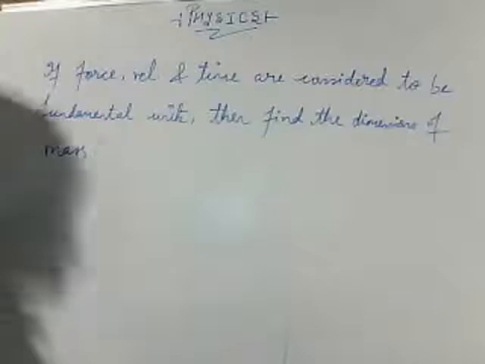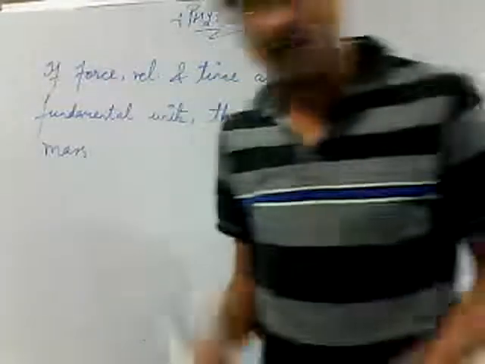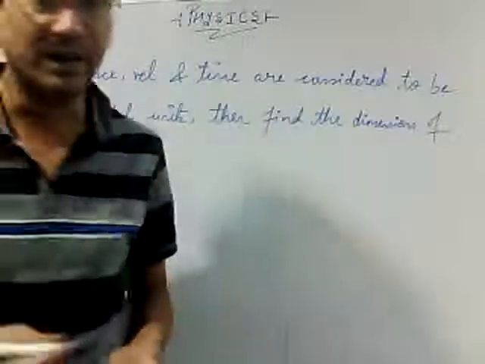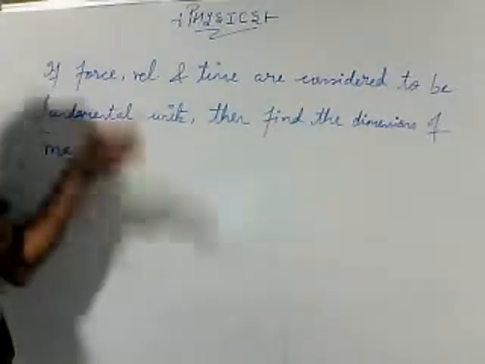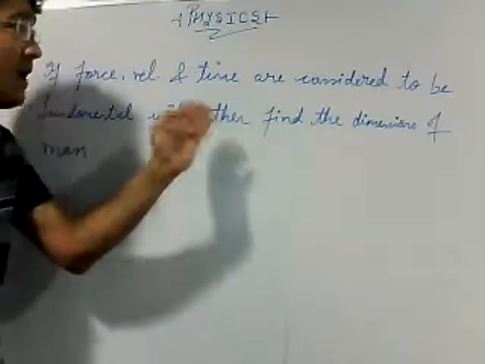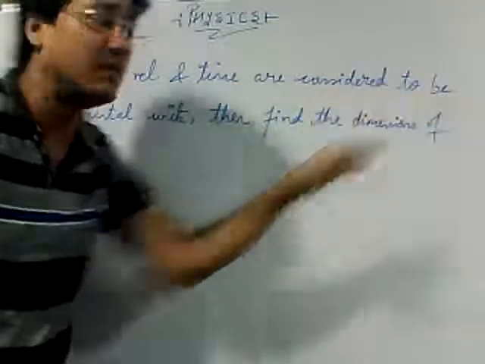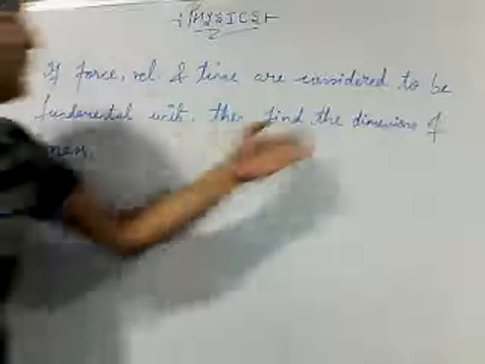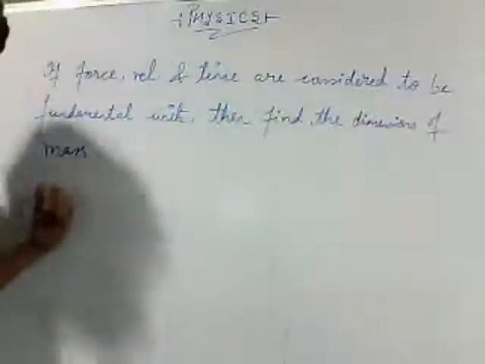I do this question for you to understand this type, then we'll go ahead with another type of question and then you will do it. So the question says, if force, velocity and time are considered to be fundamental units, then find the dimensions of mass.